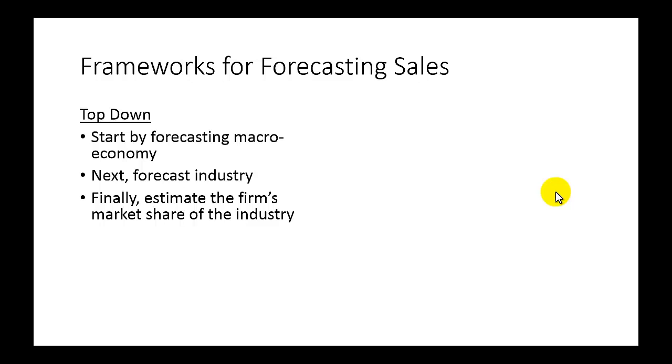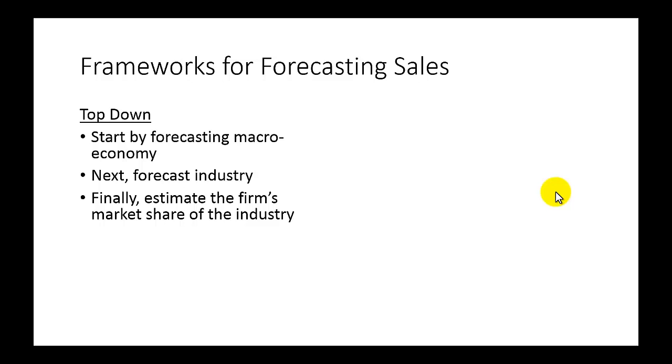Once you've forecasted the industry that you're analyzing, so for instance, what will the total sales be in this industry now that we know what the economy is going to look like? The last step in a top-down forecasting method is to ask yourself what percentage of those industry sales, or what percentage of market share, will this company attain?